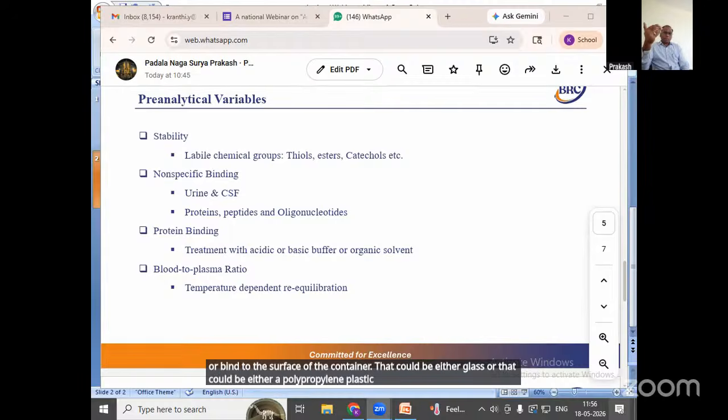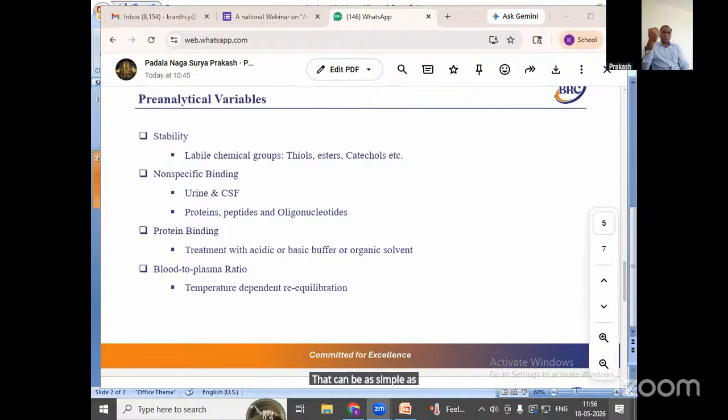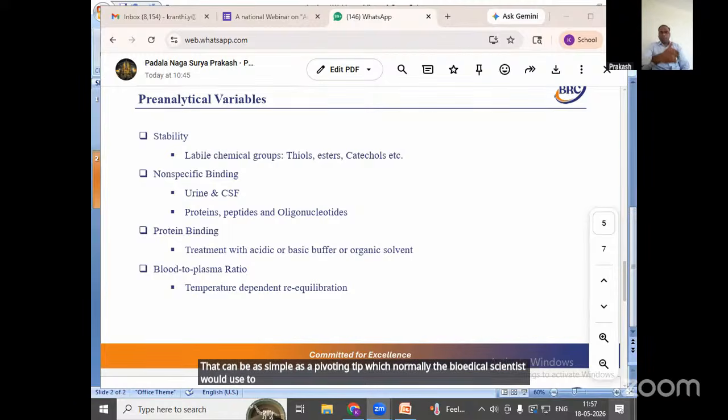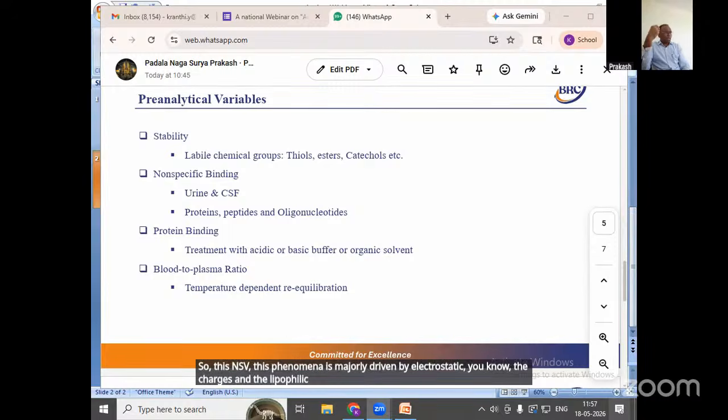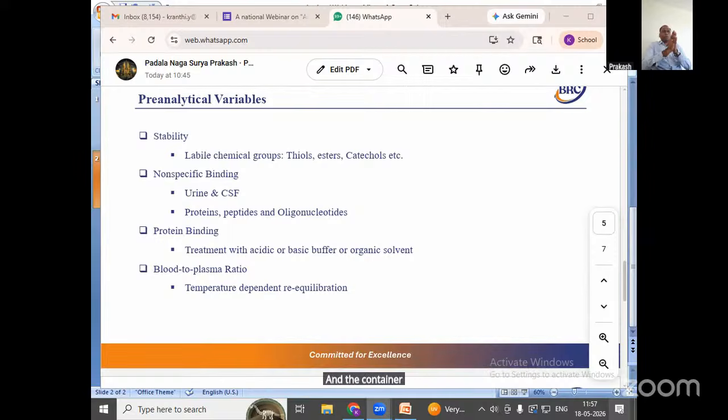That can be as simple as a pipetting tip, which bioanalytical scientists normally use to dispense the biological material. This NSB phenomenon is majorly driven by electrostatic charges and the lipophilic or hydrophobic properties or behavior that exist between the sample and the container. So this is very important.